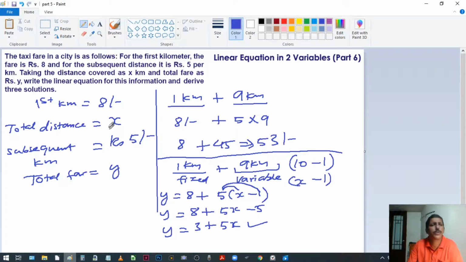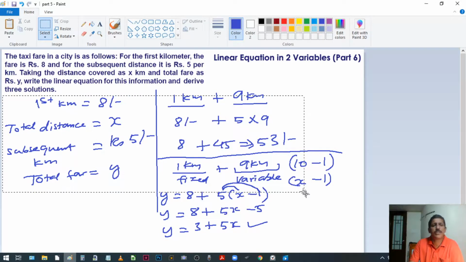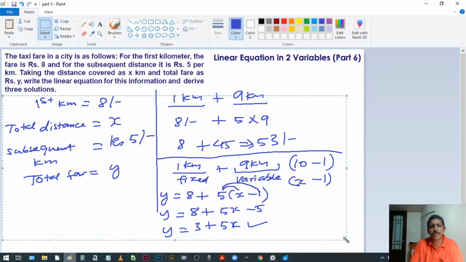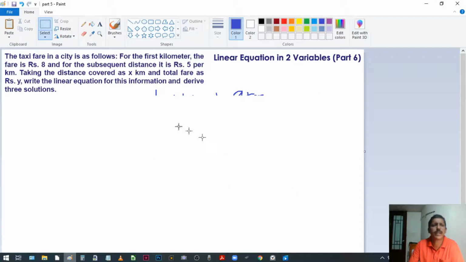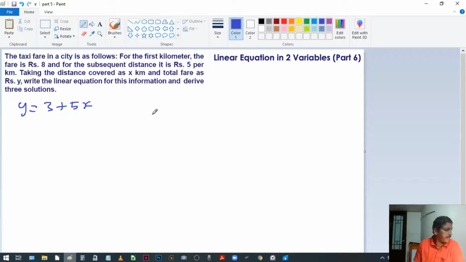Let me erase this one. Please hold on a minute. Now see here, what is the equation? Y is equal to 3 plus 5x.